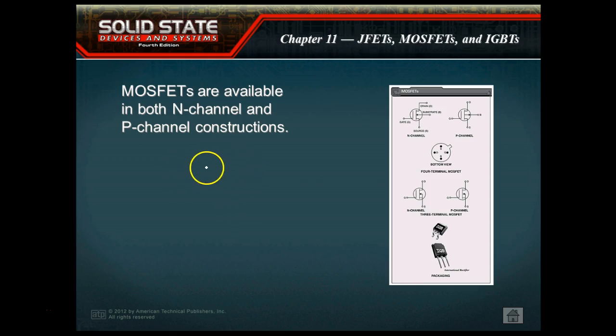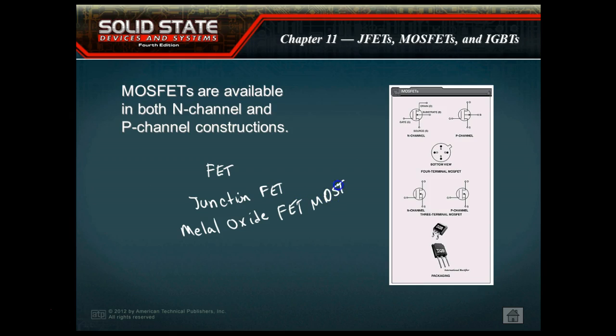The two categories of FETs, and I think we already talked about this, are the junction field effect transistor, which we refer to as a JFET, and then we have what we call a metal oxide field effect transistor, or MOSFET. So we have two categories of FETs.